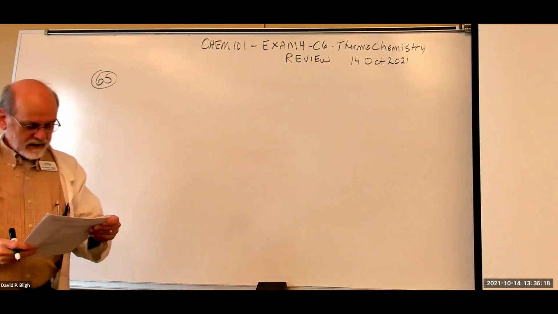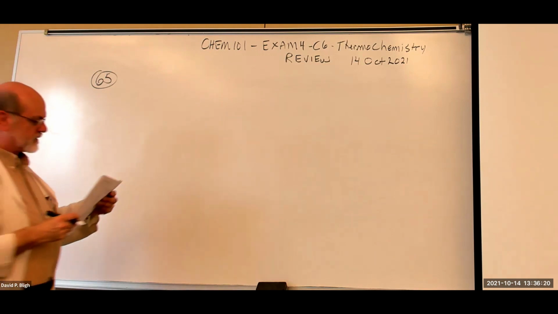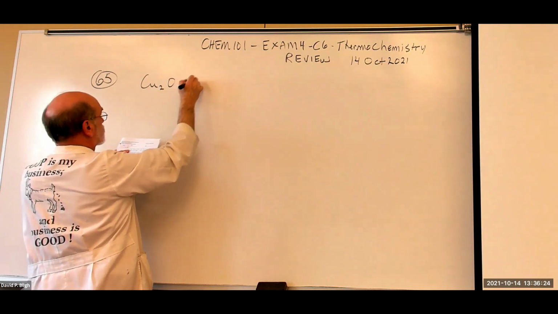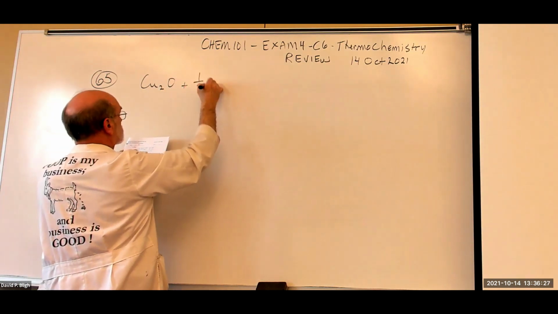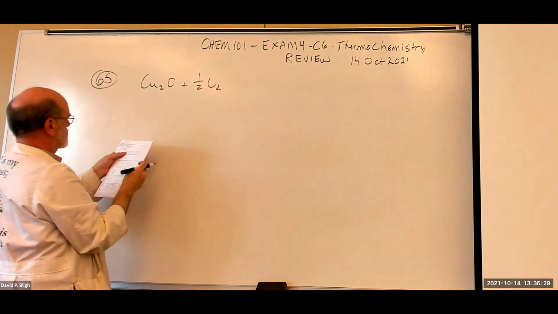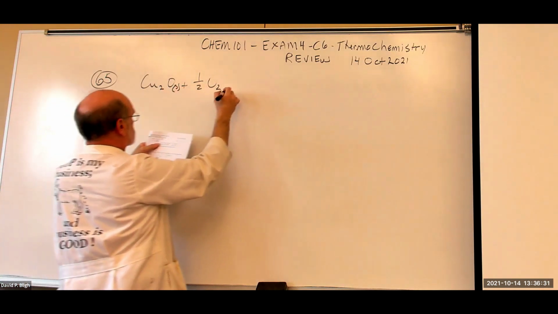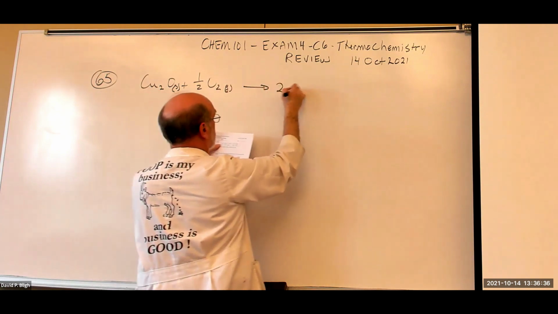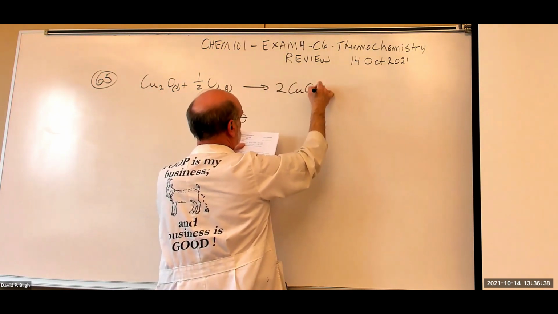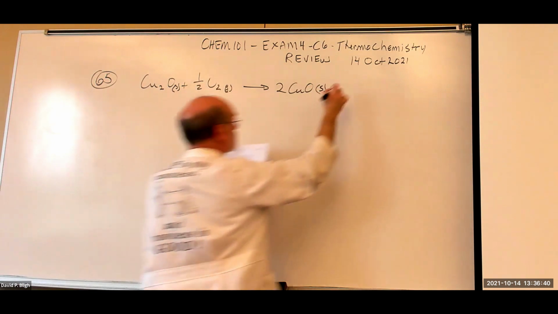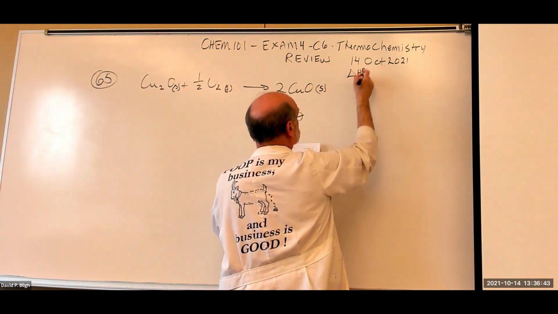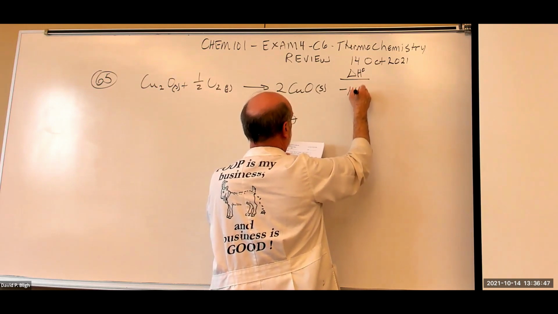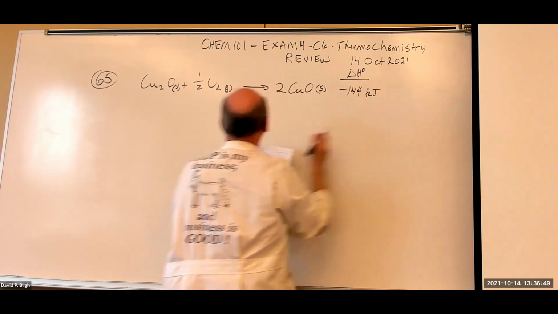Okay. We've got those two equations. I'm going to write them up here. Plus 1/2 of O2. This is a solid. This is a gas. And this is a solid. Okay. And that's delta H under standard conditions is minus 144 kilojoules. Okay.